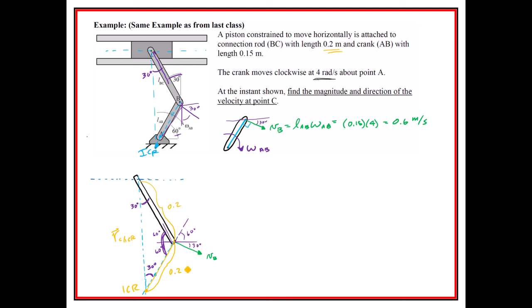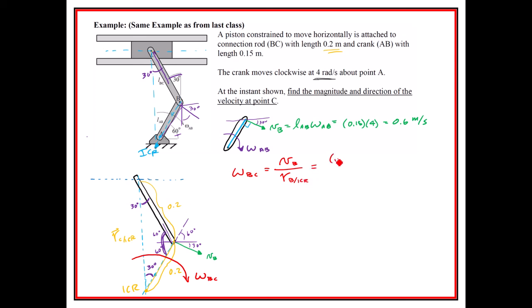And we could figure out what the angular velocity of this whole thing is going to be. It's going to be in this direction. That's going to be the omega BC. And we can find omega BC by taking the velocity of B and dividing it by R B with respect to the ICR of the connecting rod.